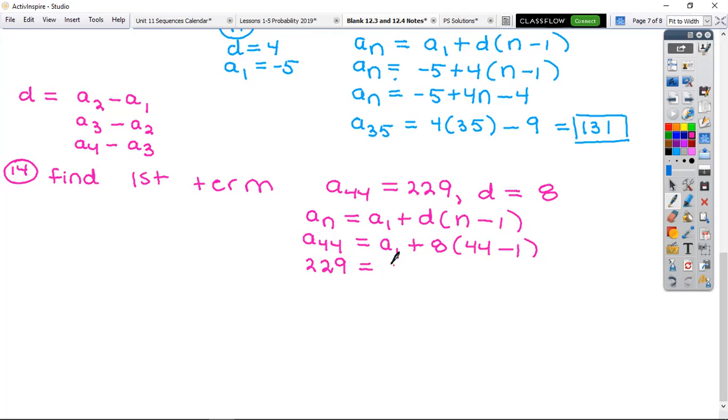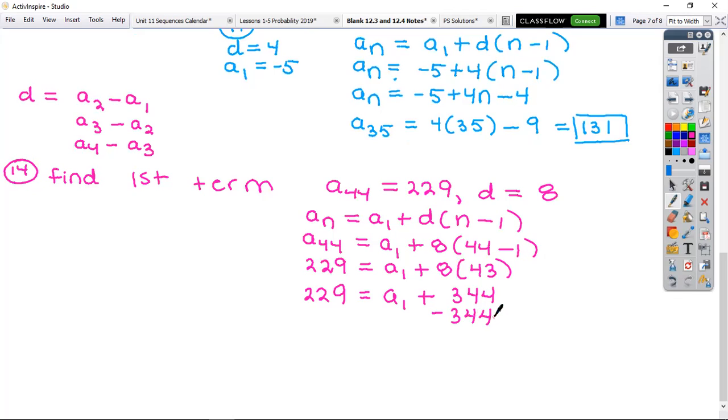And this would be equal to a sub 1 plus 8 times 43. What is that? 8 times 43. Thank you. 344. And then lastly, you're going to just subtract that over. So 229 equal to a sub 1 plus 344. Subtract it, negative 115.